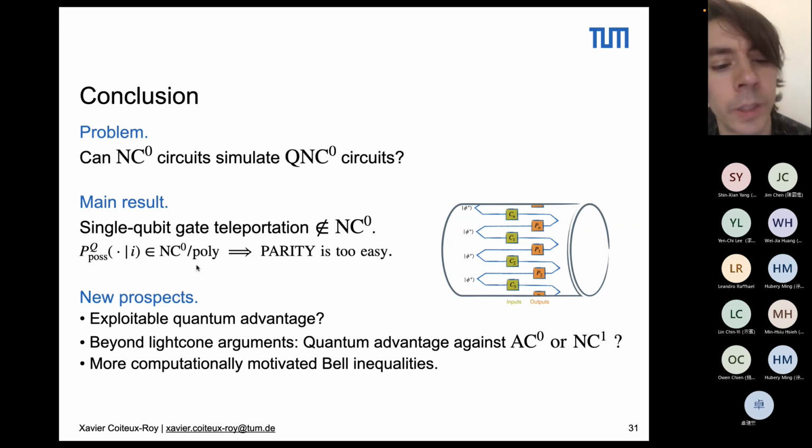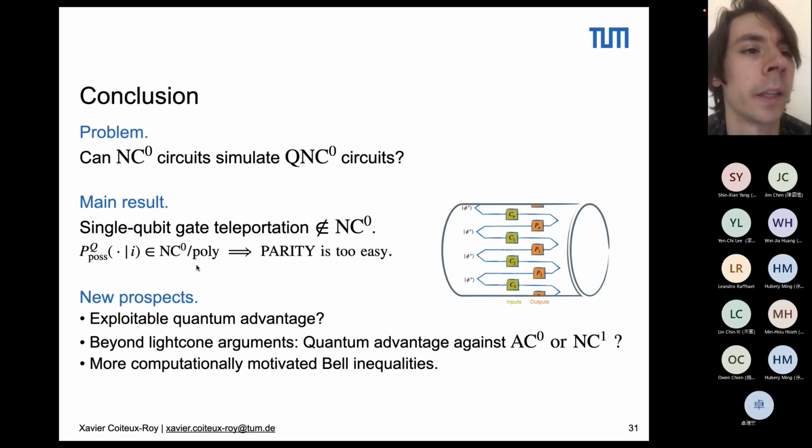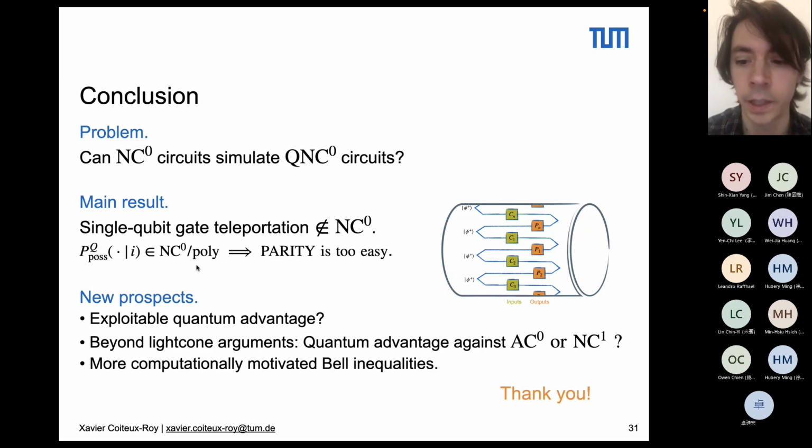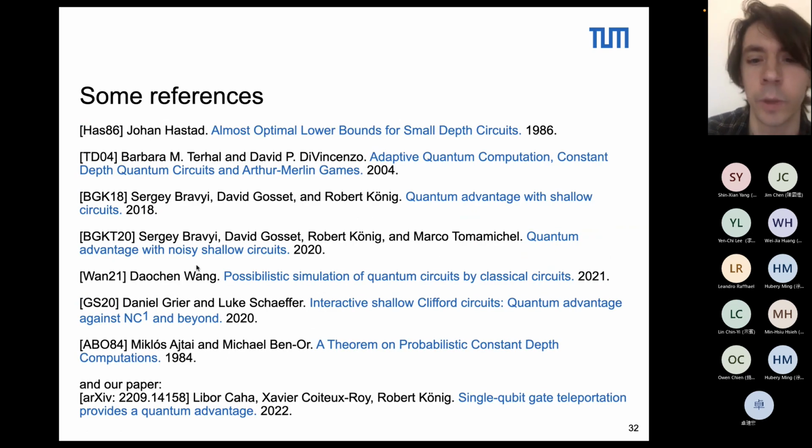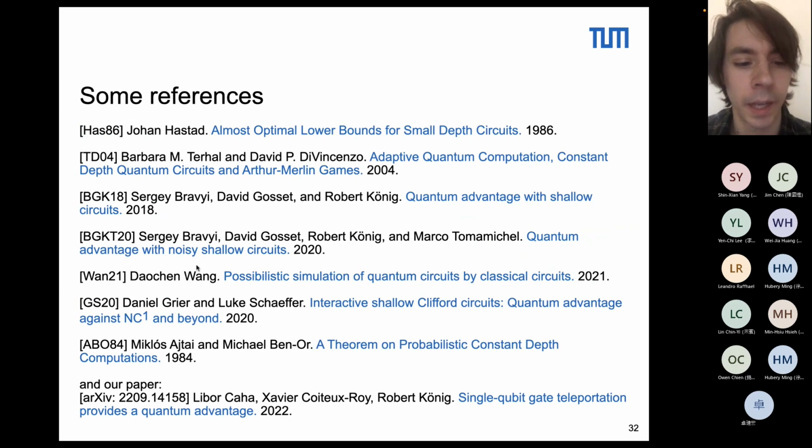It will also be interesting to find and analyze more of these computationally motivated Bell inequalities, because they are very different in nature from the ones usually studied in physics. So thanks a lot for your attention. Here are the references, and I'll be happy to answer any questions.